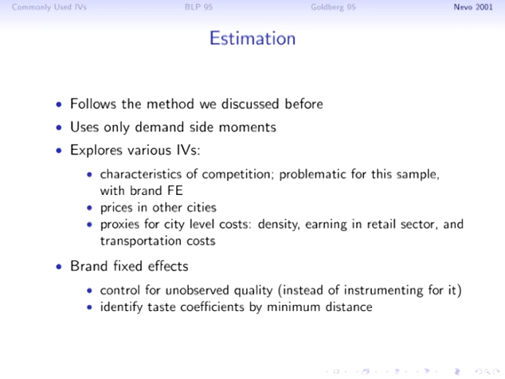The first set of instruments we talked about, the characteristics of competition, is actually problematic here because we have brand fixed effects and the characteristics don't change, almost by construction. So what I'm going to use is the prices in other cities that we talked about before. I also compare them to proxies for city level cost, such as earnings in the retail sector and density of the city, trying to get at the rental cost and maybe transportation cost. But I really only do that for the logit model. Let me skip the brand fixed effect.